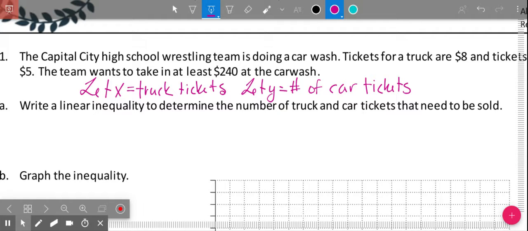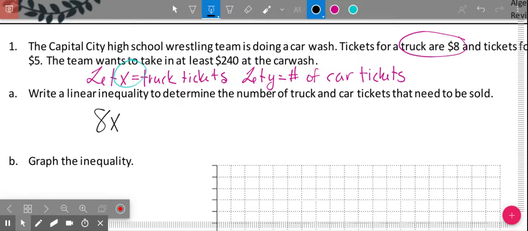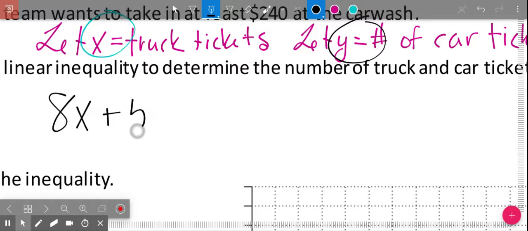We know that tickets for a truck are $8. So that means that 8 has to go with our x, because that's our truck tickets. So we're going to have 8x. We're also selling car tickets, and we know that tickets for a car are 5, so that has to go with our y, so 5y.